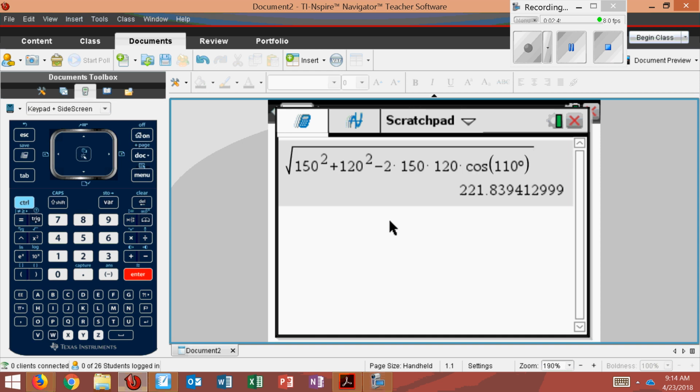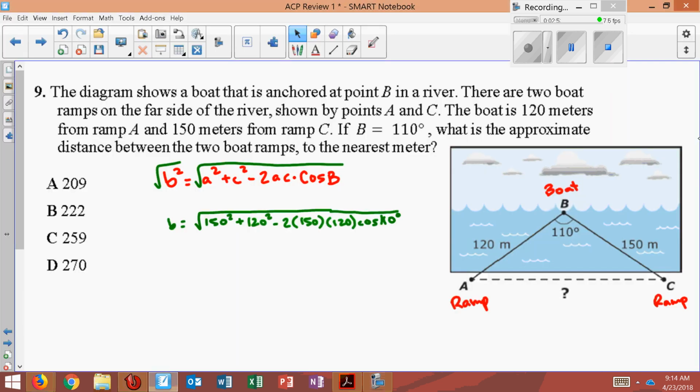I hit enter. It says 221.839, so 221.8. And this says to the nearest meter, and these are all in meters, so that means our answer must be B. So I used the law of cosines because I did not have a completed set.